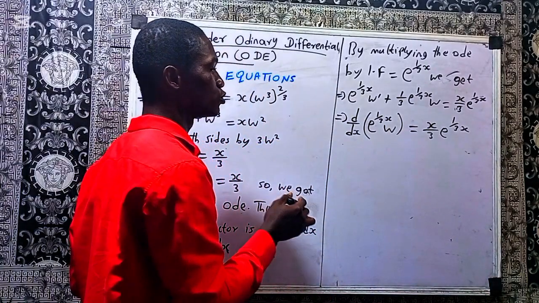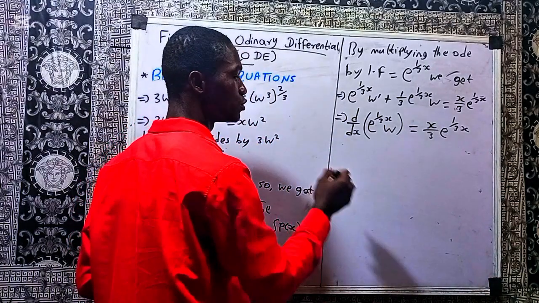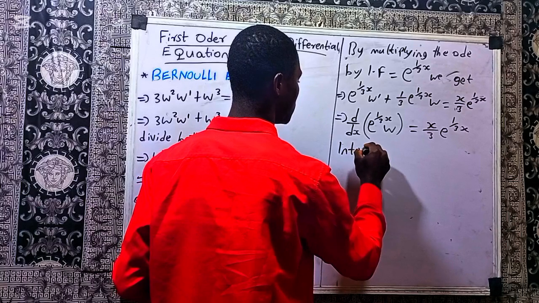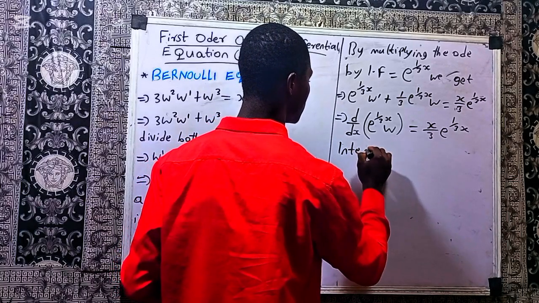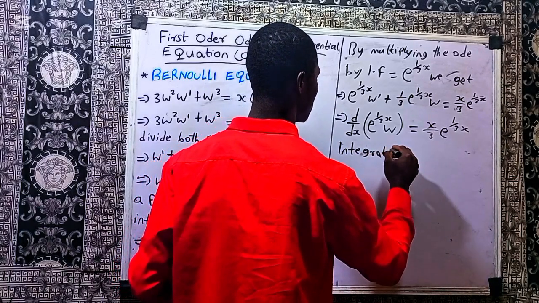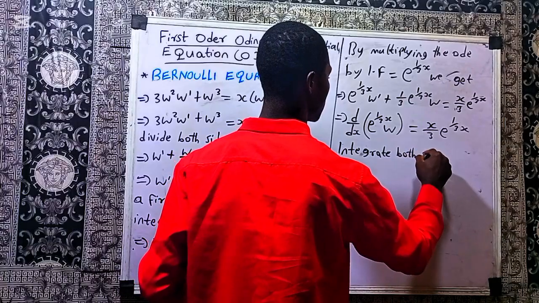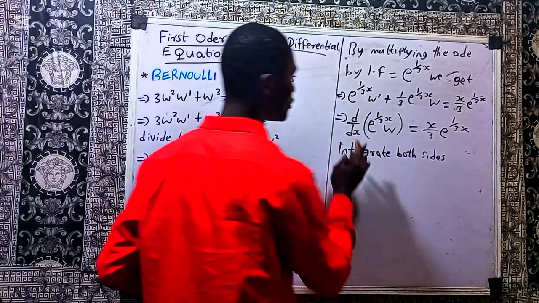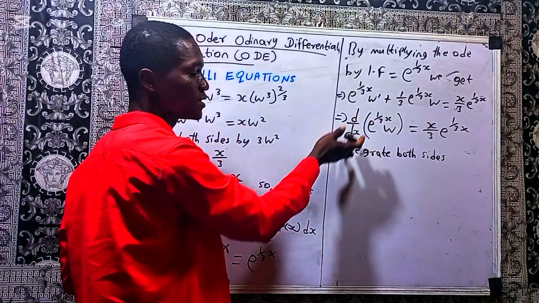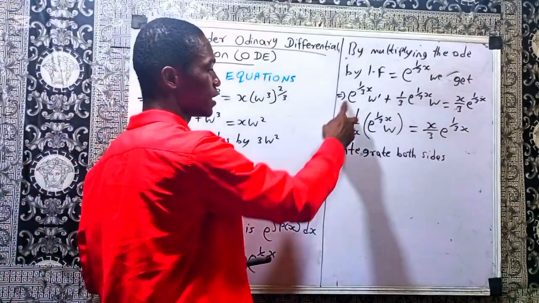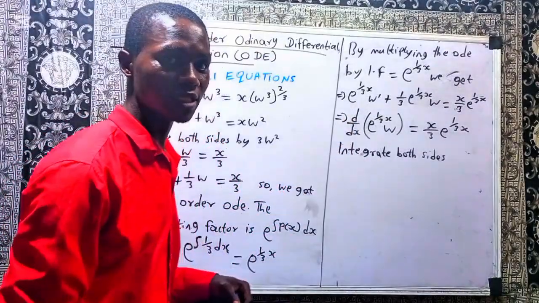Right. So what do we do? We integrate both sides. The purpose of writing the left hand side like this is that we can put an integral here so that the integral can cancel the derivative sign, right?